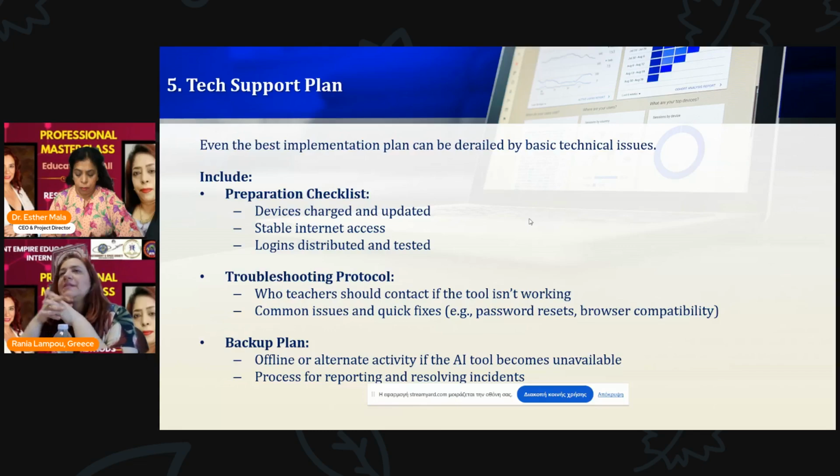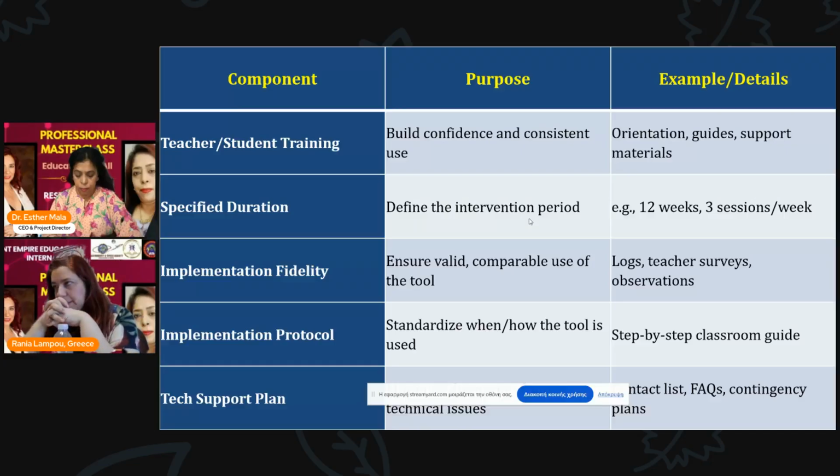For this, the tip could be to assign a point person or a digital lead in each school or in each class to act as a liaison with technical support. So the summary table is that first, teacher-student training is important because it builds confidence. And here, for example, we have the support materials, orientation, the guides. We need to specify the duration.